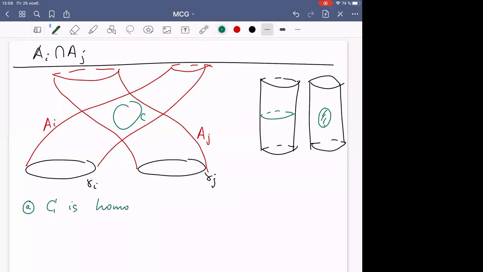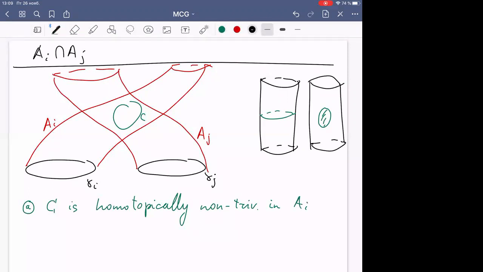So assume that C is homotopically non-trivial in one of these annuli, in AI, say.